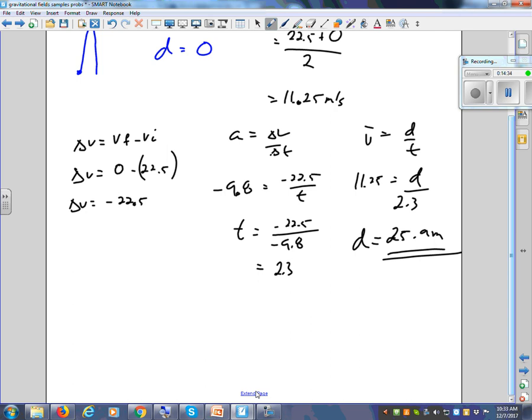Isn't there a stronger force acting on it when you're slowing it up? That's true, but I'm asking if the time up is the same as the time down.